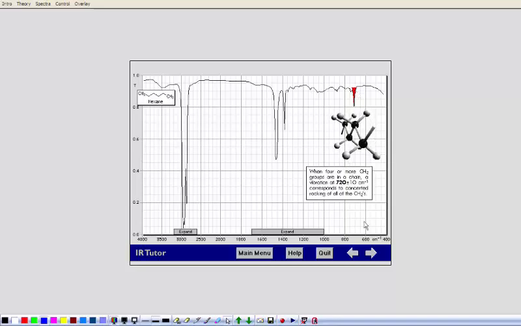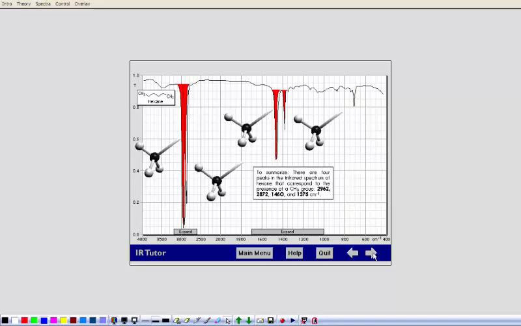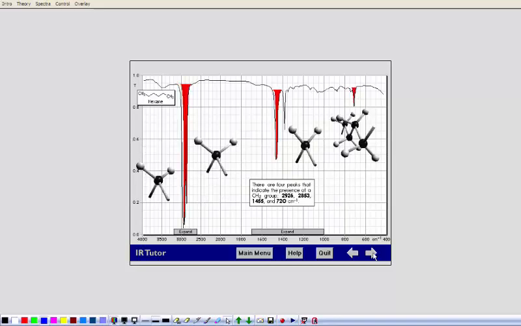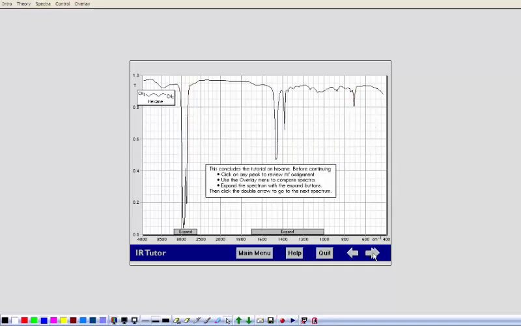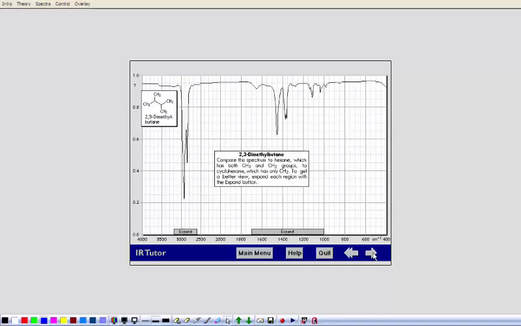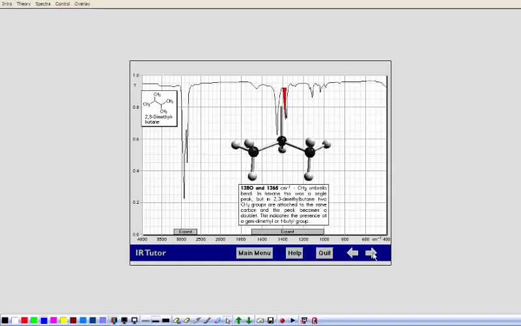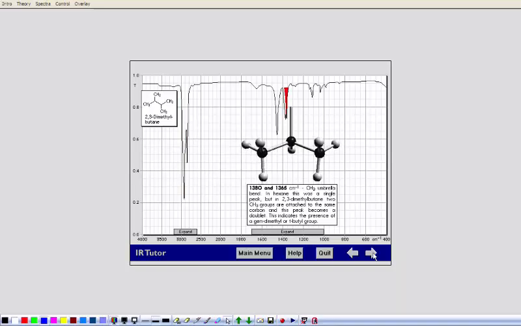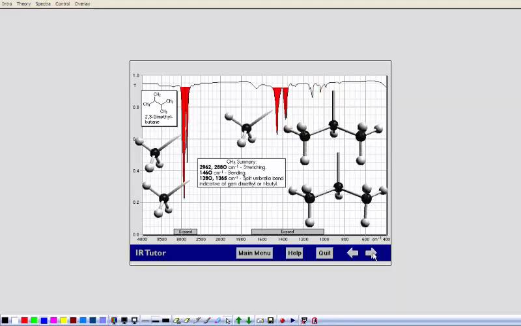So all these different motions are characteristic of an alkane. And all alkanes are pretty much the same. You get some very weird motions like that for this. This is the 2,3-dimethylbutane. But you pretty much end up with just these same types of motions.